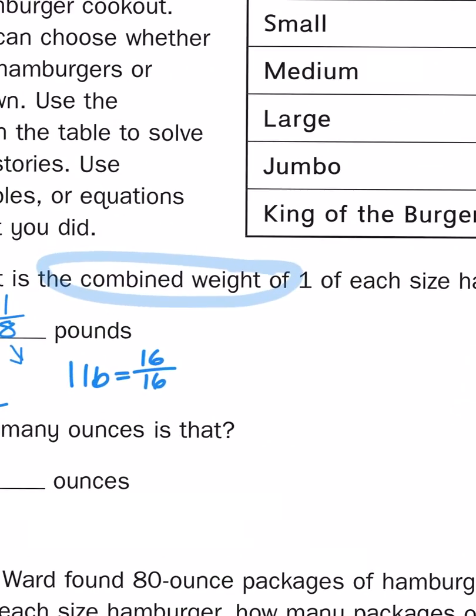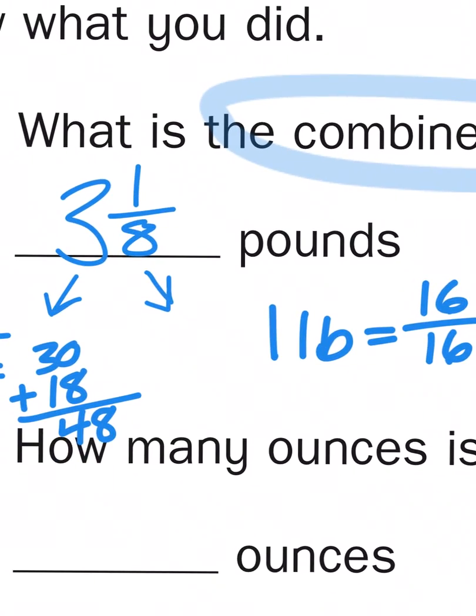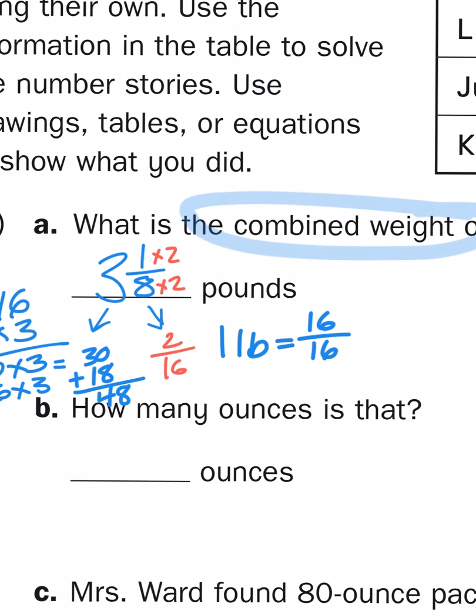So all I have to do is convert 1/8 into sixteenths, and of course, if I multiply the bottom number by 2 and the top number by 2, I'm going to get a total of 2 sixteenths. Okay? So I have 2 sixteenths of a pound, which again is the same as saying 2 ounces, because a 16th of a pound is 1 ounce.